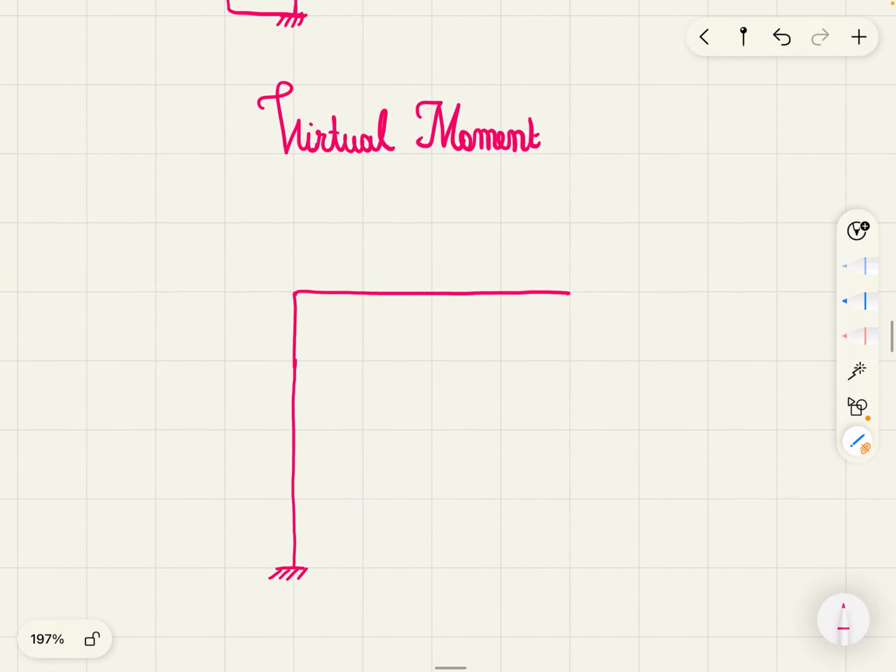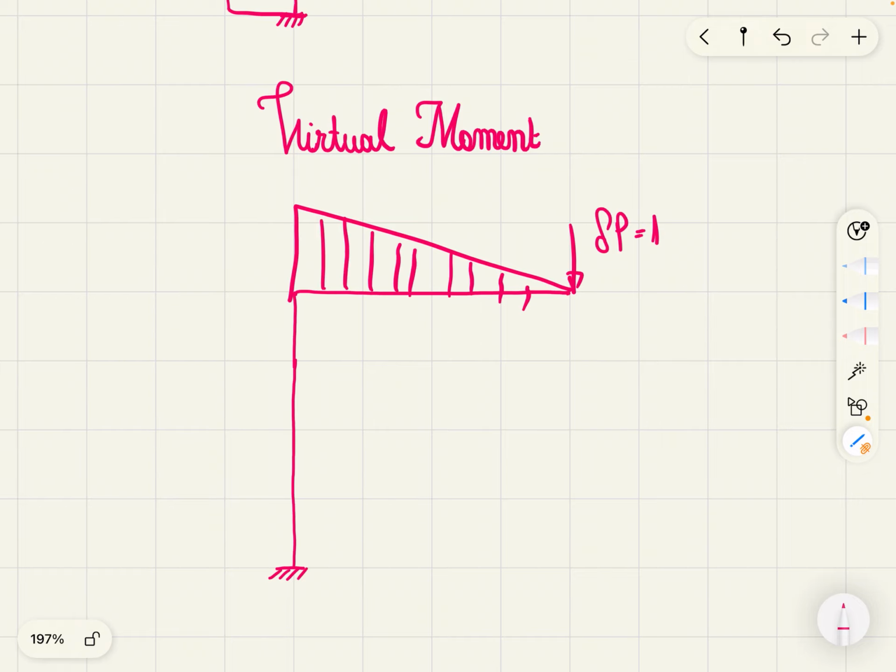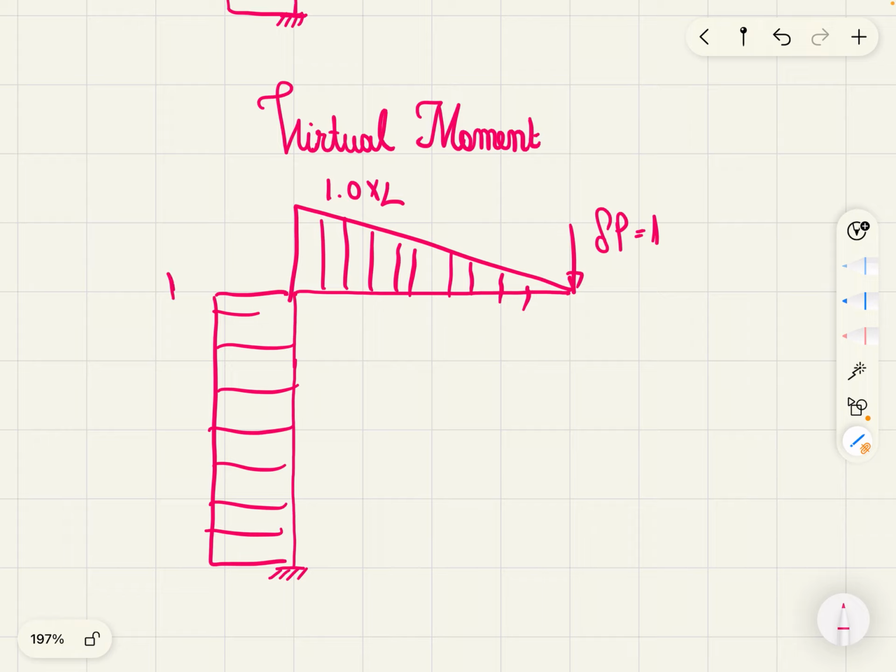times the length. Now the virtual moment diagram, we apply a unit virtual force at A, since A is the location we're trying to find the deflection at, the displacement, and then the maximum moment here is going to be the unit virtual force times the length L, and we're going to have the same moment here, and that's it.